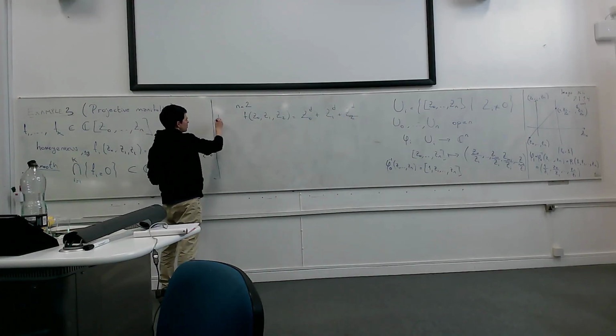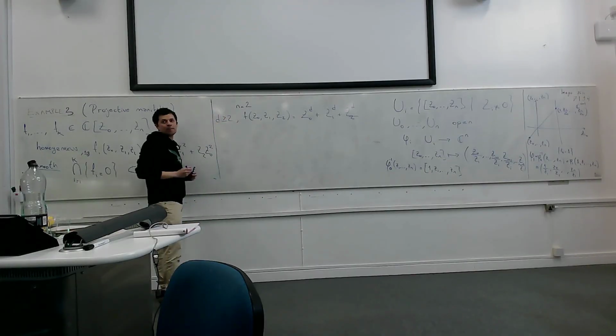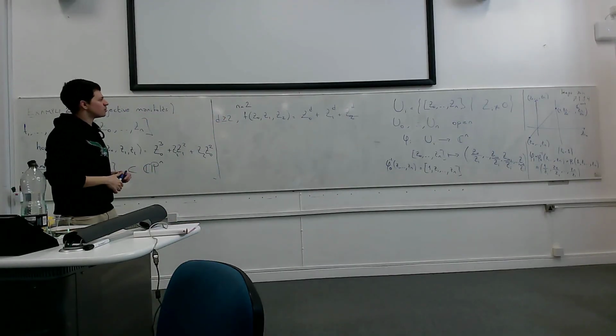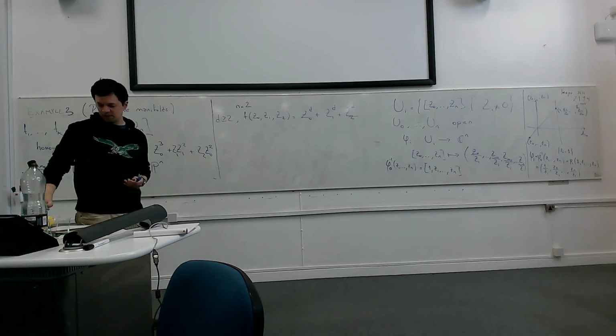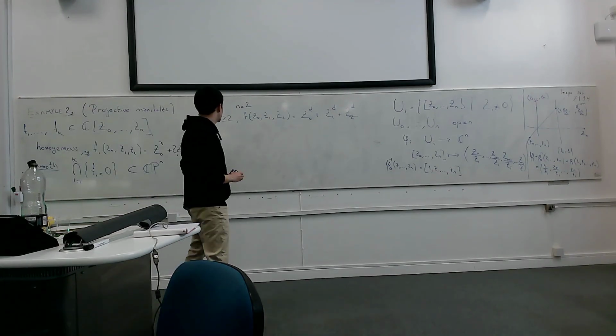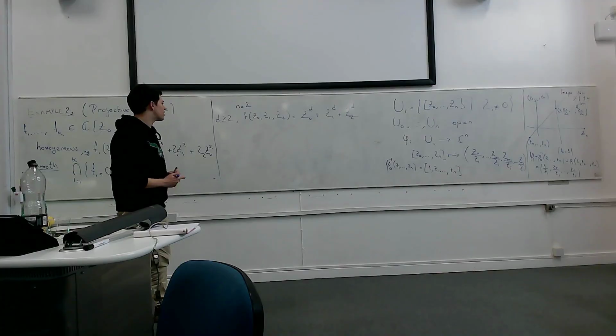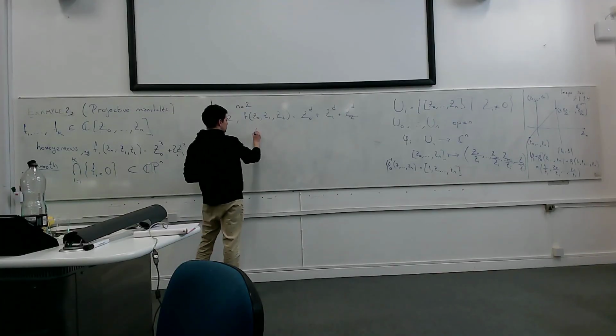Here d is any integer, let's say greater or equal than 2. So we can look at the zero set of f equals 0.